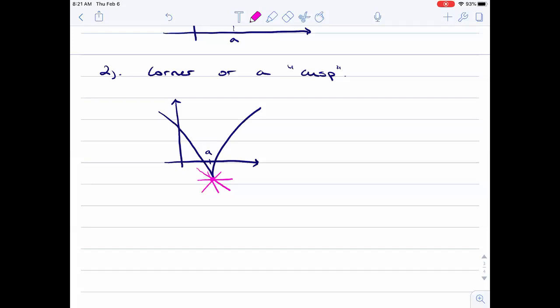Because there's no fixed way, this tangent line would just hang out on the cusp. But the tangent line can go any way.